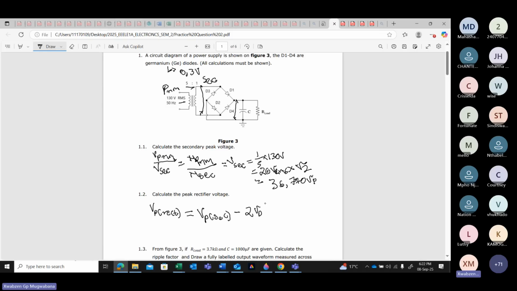In this case, V of the diode is 0.3 volts.